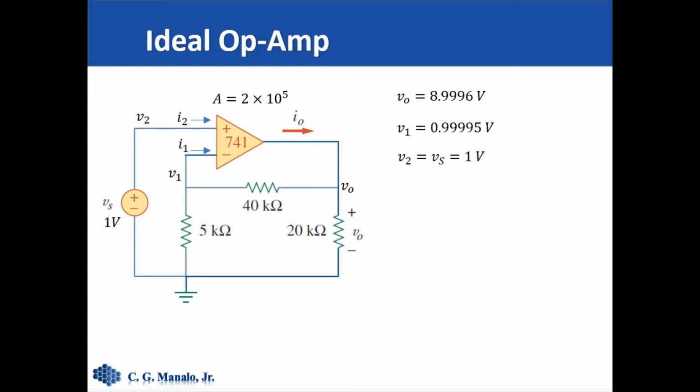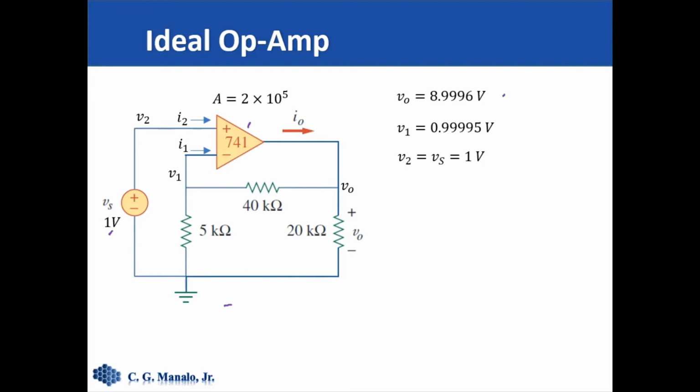In our previous video, we showed an example on how to work with circuits containing op-amps. That circuit is shown here again, and what we got is that if we apply a 1 volt input voltage, the output will deliver a voltage of 9 volts, or about 9 times increase in voltage.